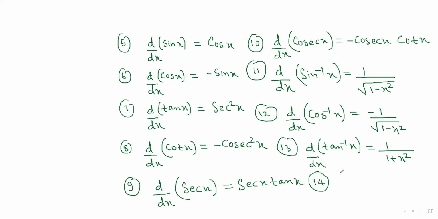Differentiation of cot inverse of x is equal to minus 1 by 1 plus x square.